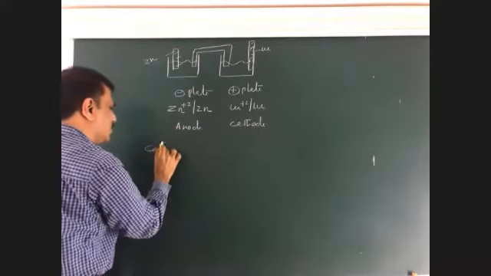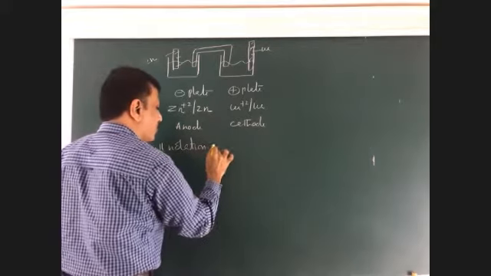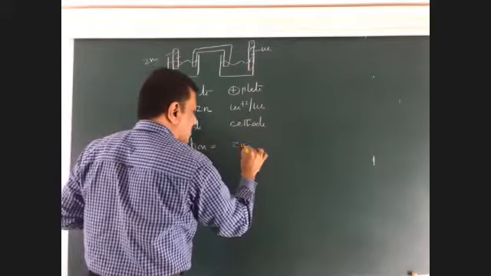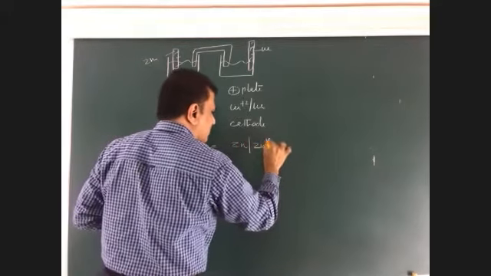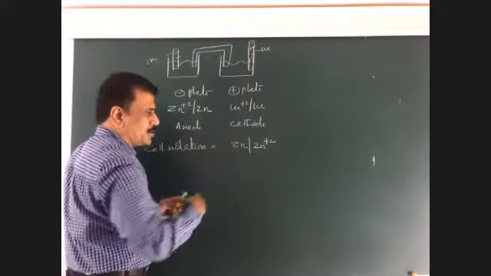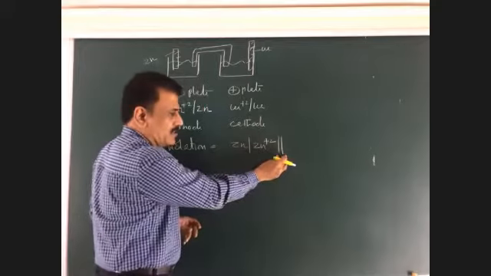The cell notation is: first we have to write the zinc electrode, that is zinc like this. Zinc is dipped in its salt solution, and this is called the salt bridge.